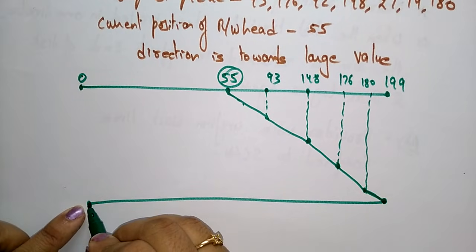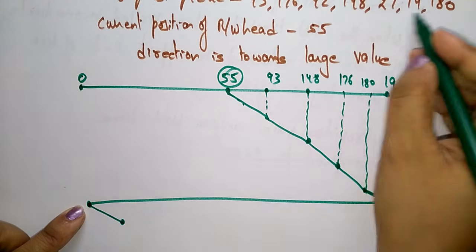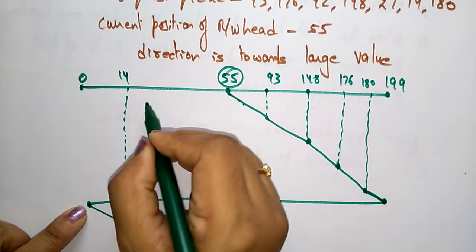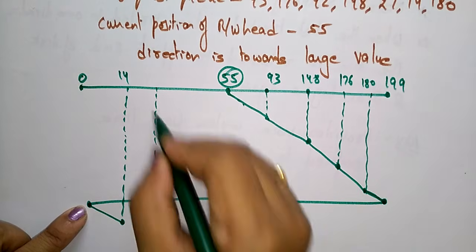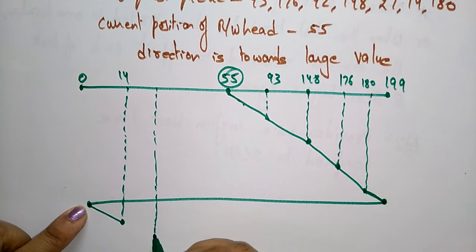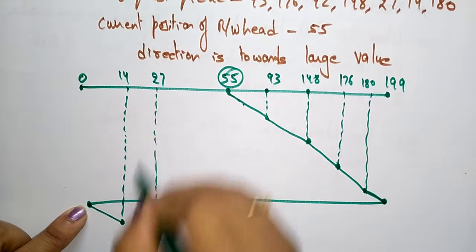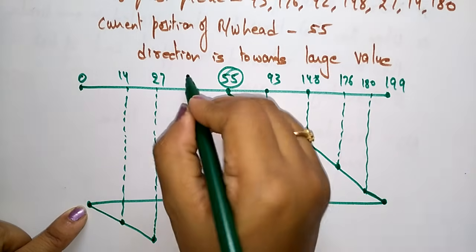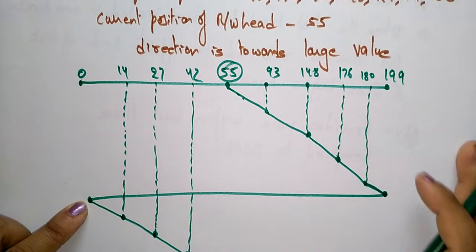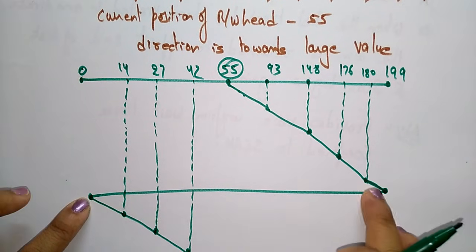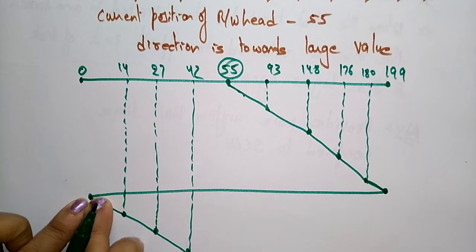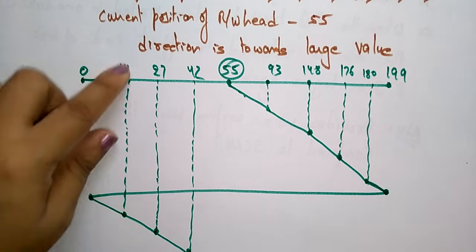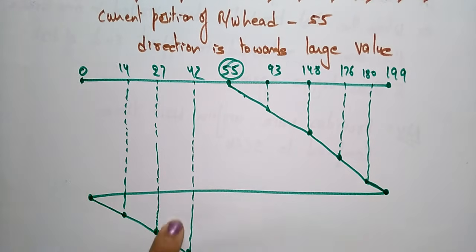From 0, it first visits 14, the next largest value after 0. The next largest value after 14 is 27. Next 42. So this is circular scan. The only difference is that instead of moving backward, we move to the opposite end. You reach 0 and again check whether any track is unvisited.